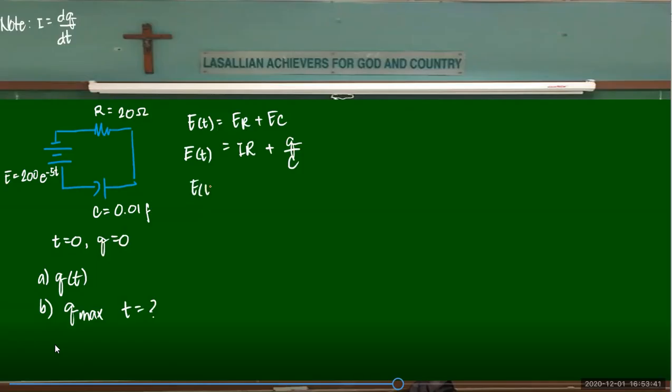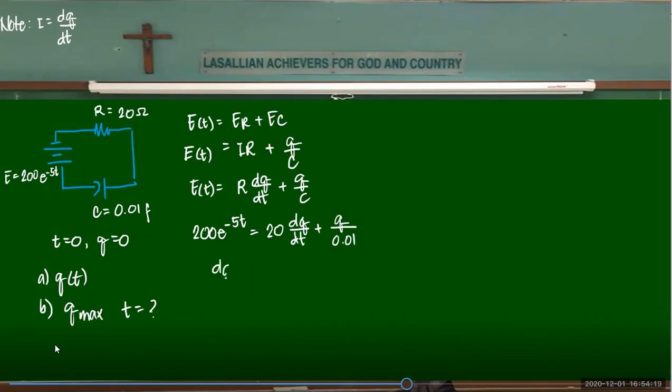So E as a function of t is R dq over dt plus q over C. Now, let's plug in first the values that we can plug in. The E is decaying, so it changes. It's not constant. The R is constant, it's 20, times dq over dt. And lastly, the C is constant, so q over 0.01. So, let's rewrite this.